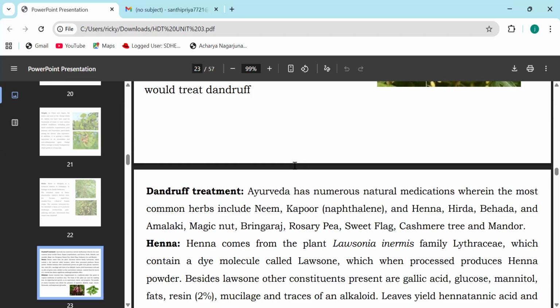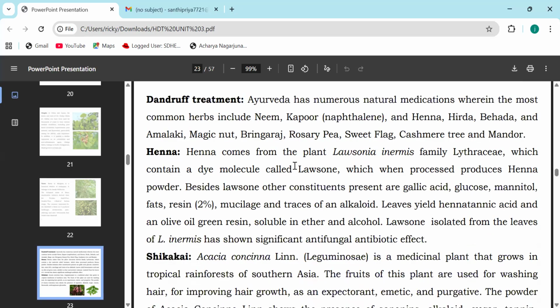So next, henna. Henna comes from the plant Lawsonia inermis, family Lythraceae, which contains a dye molecule called lawsone, which when processed produces henna powder. Besides lawsone, other constituents present are gallic acid, glucose, mannitol, fats, resin 2%, mucilage and traces of an alkaloid.